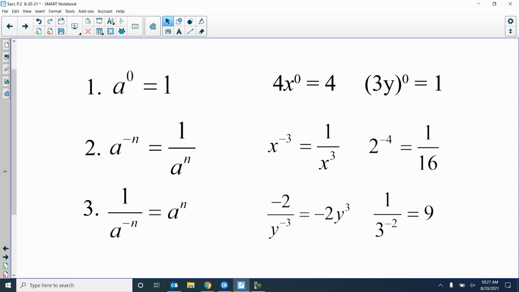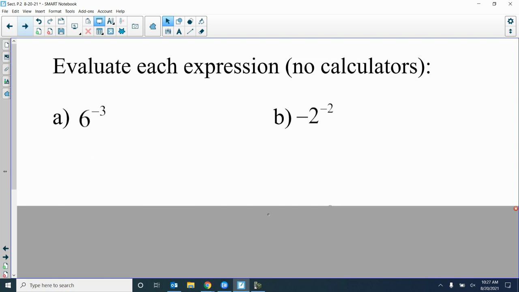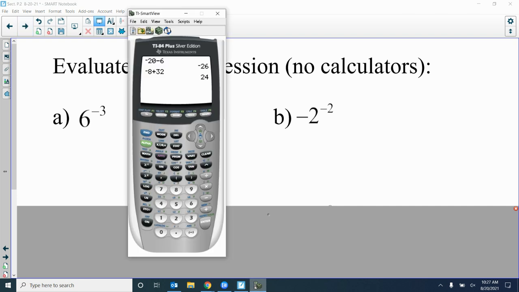All right, it's going to be helpful to be able to just do a few of these without your calculator. I want you to simplify this. Now, when I say without your calculator, if you got something like 5 to the 6th power, I don't expect you to know what that is. You can clearly say 5 to the 6th power is fine, but I don't want you to type that in as is.